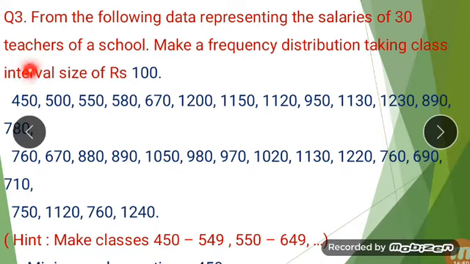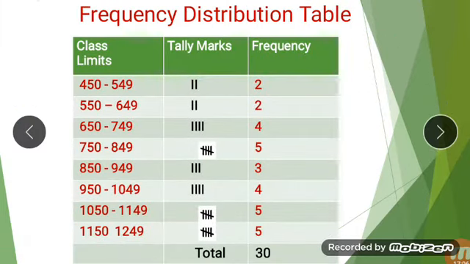Here the minimum value is 450, and we have to find the maximum value, which I think is 1240. So you can write the minimum and maximum value, then we can make the frequency distribution. This is the frequency distribution table.